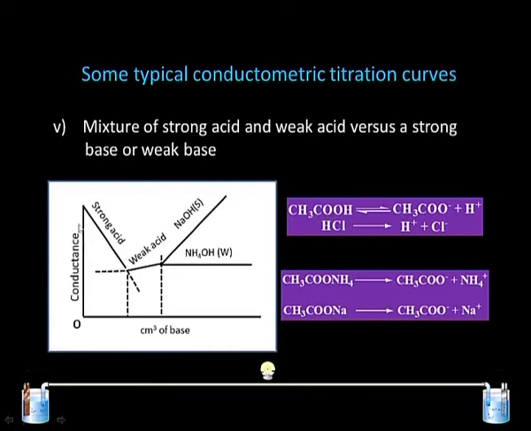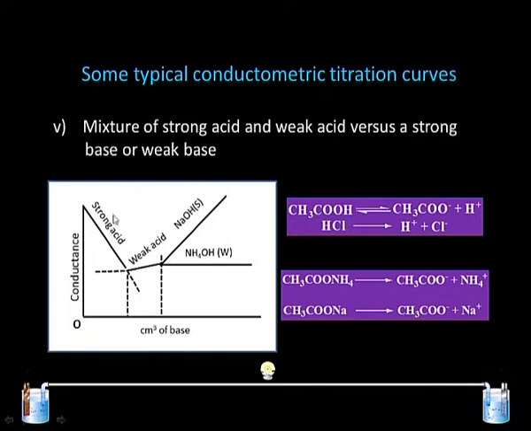That is the reason that as long as there is H plus ion from HCl, there is no dissociation or contribution from the weak acid. After the consumption of the H plus ion, we get dissociation of the weak acid, and this shows a slight increase in the curve, which can be assigned to the formation of sodium acetate, and after reaching this point it further increases.